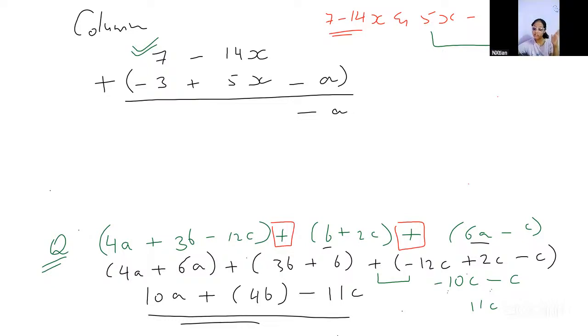Then I moved on to 14x, which was up. I had a similar term, 5x, so right below 14x, I put 5x. But I did not change the sign. 14x was in minus, so minus 14x, and 5x was in plus, so plus 5x. No changing of signs. Then I moved on to a.